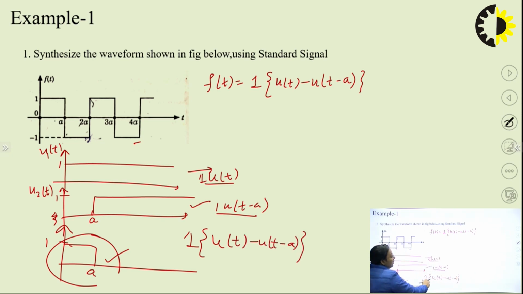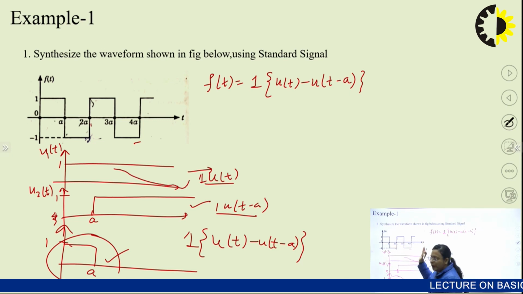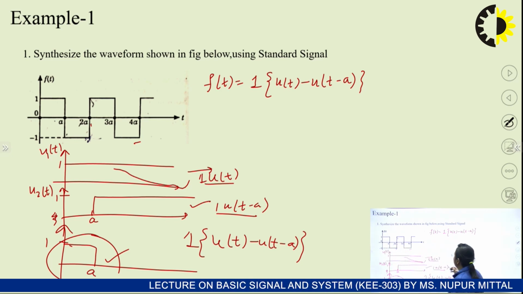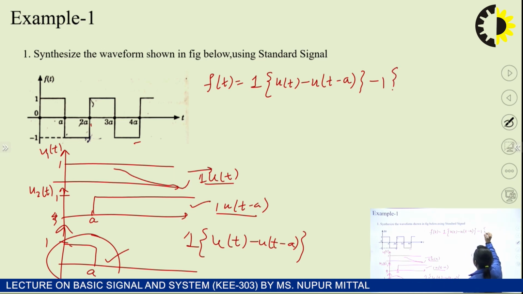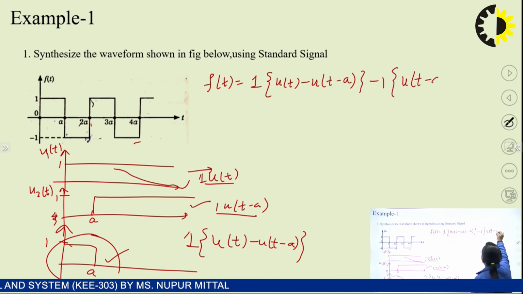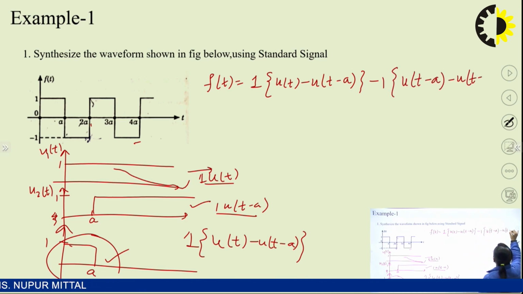So from here I have written this. Similarly, for the next one, from u(t minus A), if I subtract u(t minus 2A), I am getting this value with the same magnitude, that is minus 1. So I can write it as minus 1 times u(t minus A) minus u(t minus 2A).